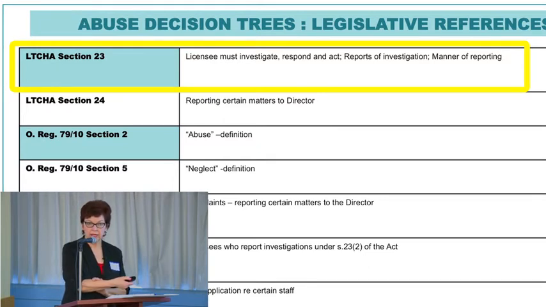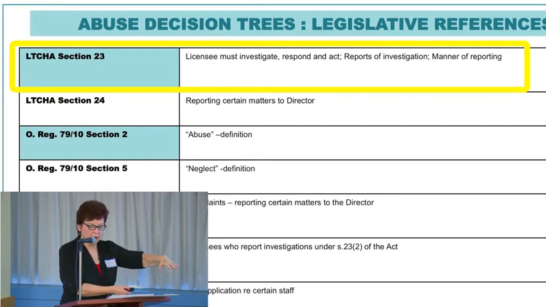And so you will see mention of the Section 23 requirements on every one of the decision trees as a constant reminder that they also need to be doing the investigate, respond, and act piece, as well as the piece about what they report to the ministry and how soon.